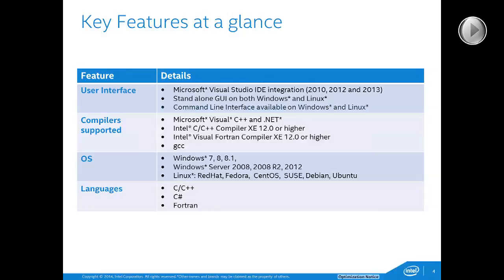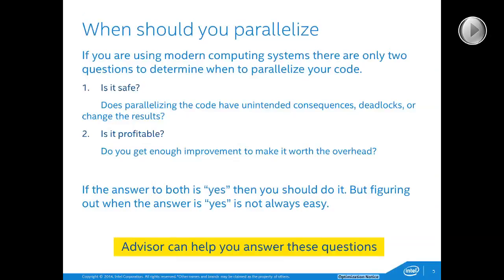We support Microsoft compilers, Intel compilers, and GCC, or any compiler that uses GCC semantics. We work on various versions of Windows and Windows Server, as well as several popular distributions of Linux. At this point in time, it doesn't work on Android or Mac OS. We work with C, C++, C#, and Fortran programs.